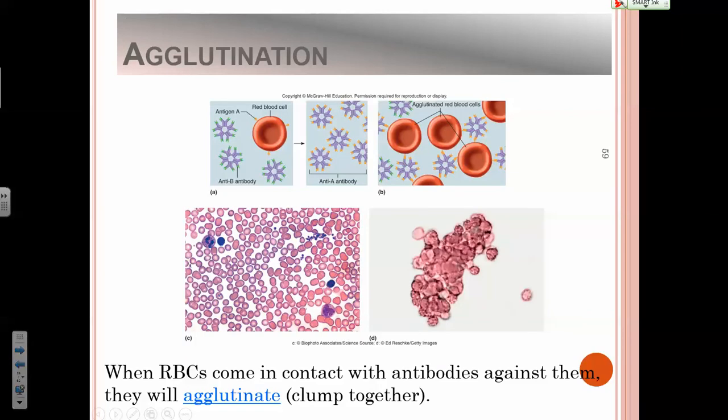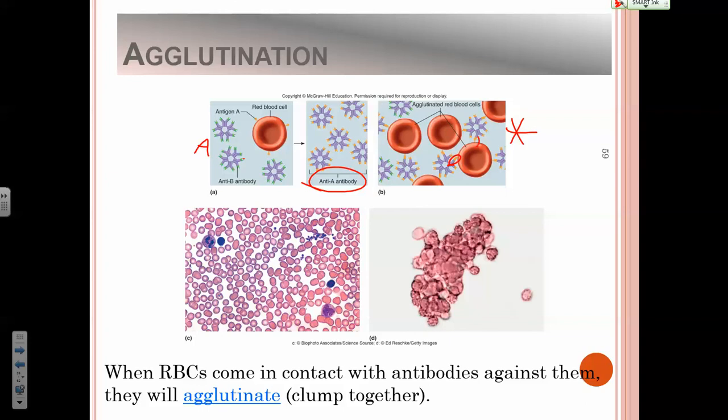Here's a type A blood, and do you see if they mix anti-A antibodies with it? Look at what happens. Do you see how this antibody attaches to that A antigen? It's kind of hard to see. This screen is making it diffuse out.